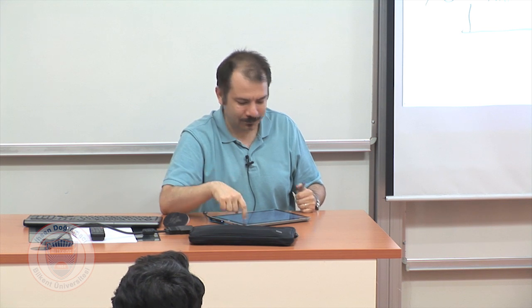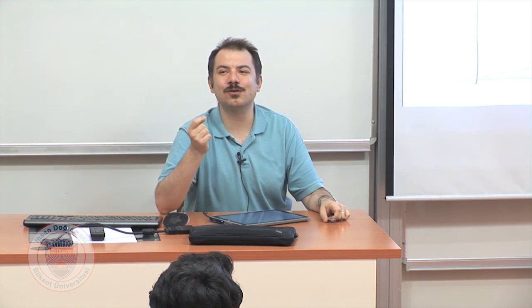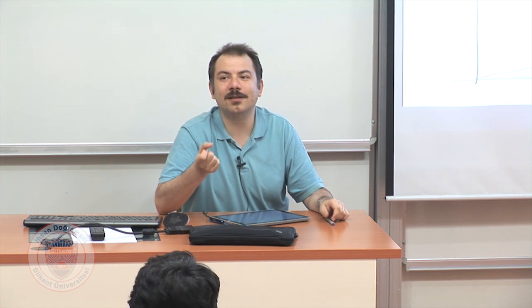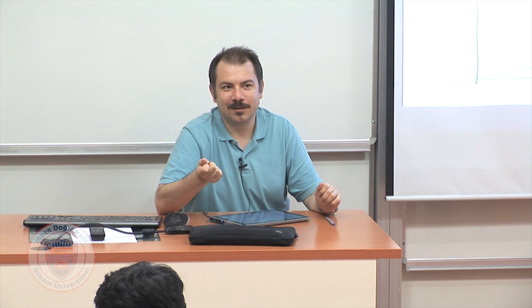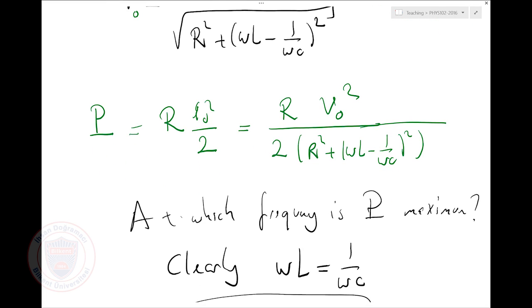Now, I've talked as if this resonance is something great. It allows us to listen to whatever radio station we want. But it also has a darker side. Let's say that I have a very small resistance in the circuit. If I have very small resistance, you would expect the power to also be very small.